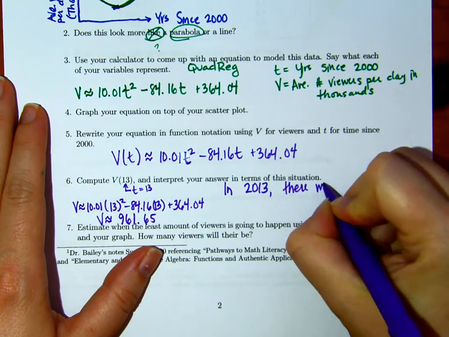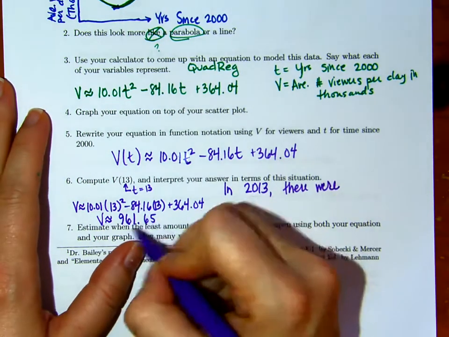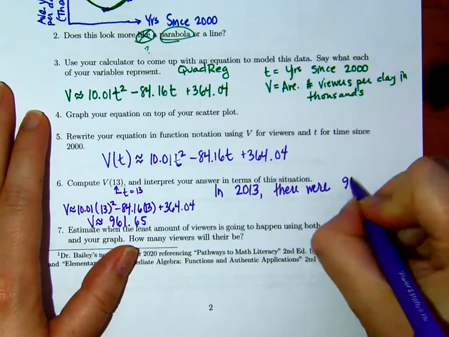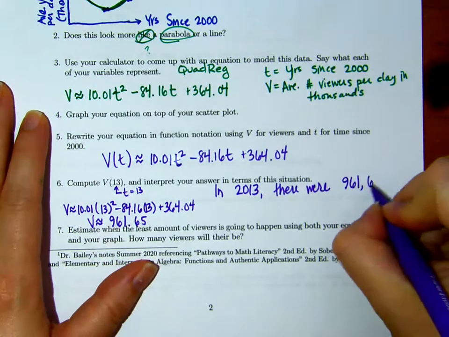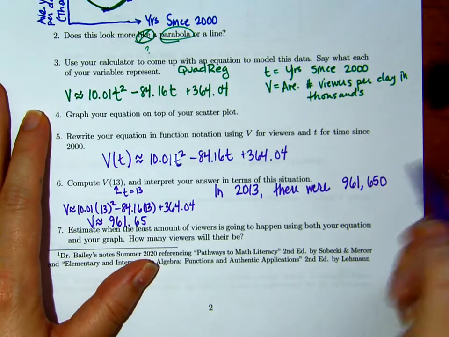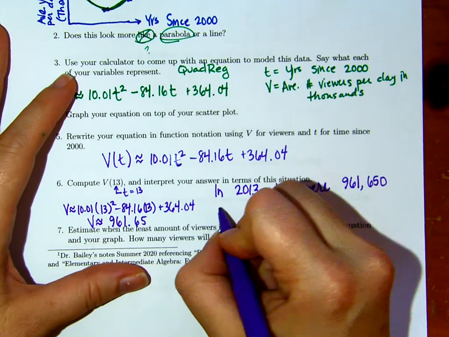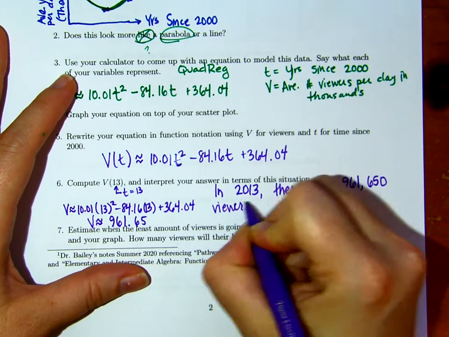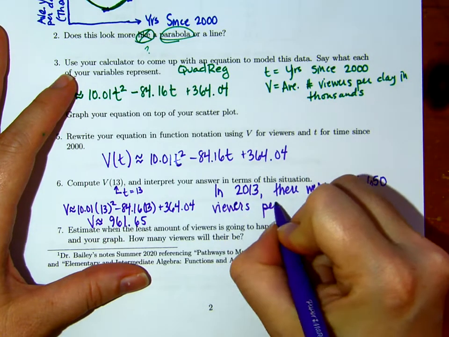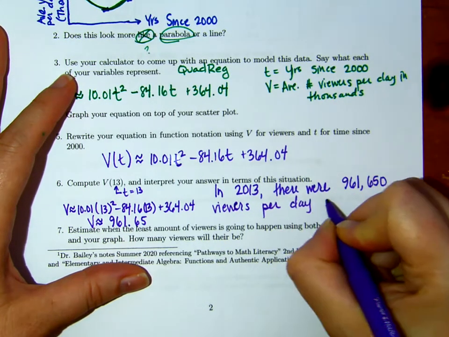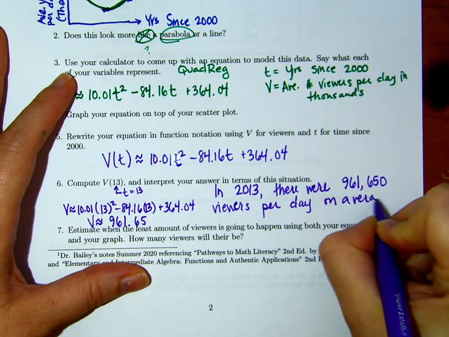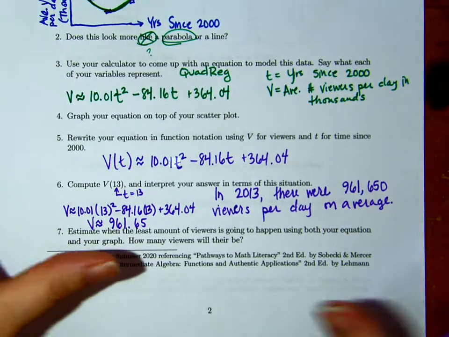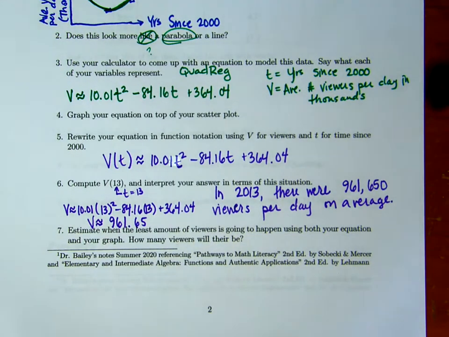There were, this is in thousands, remember, so 961,650 viewers per day on average. In that year, there are about 961,000 viewers per day.